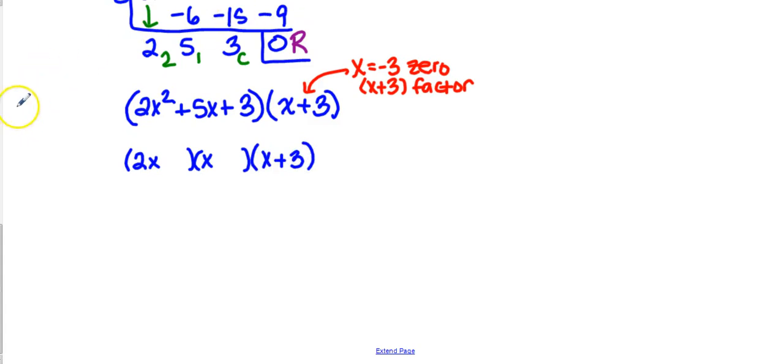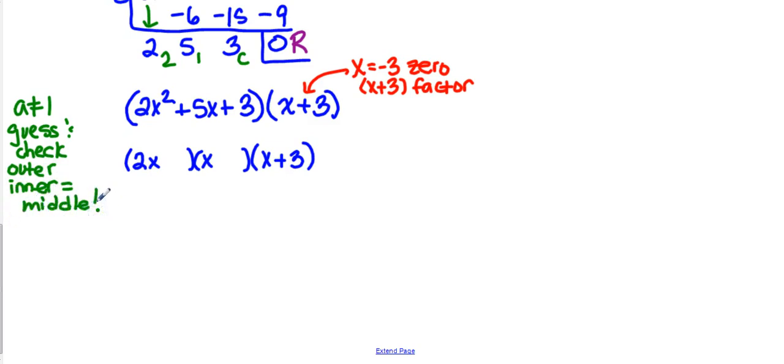So when a is not 1, we need to guess and check: outer plus inner equals middle. Bring back that prior knowledge. So I need to multiply the outer and the inner, and I'm looking to get 5x. Well, factors of 3 are nice to work with. So maybe I try putting 3 here and 1 here.